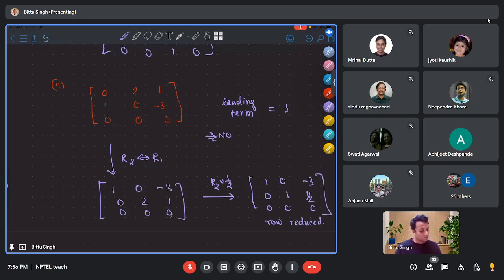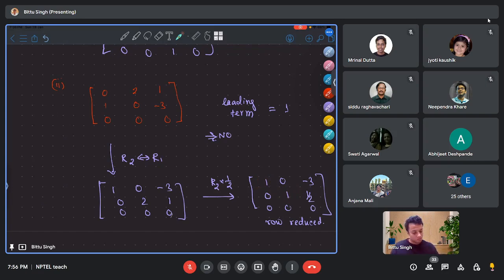And you can say more, because this is not only row reduced, this is also in echelon form. For echelon form, these leading entries should follow a pattern, that is, leading entries shift to the right.